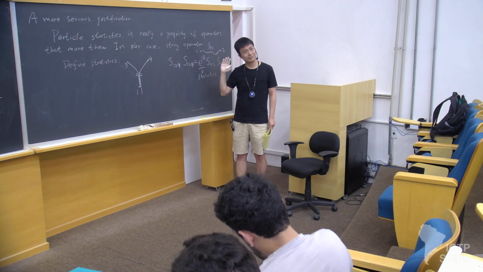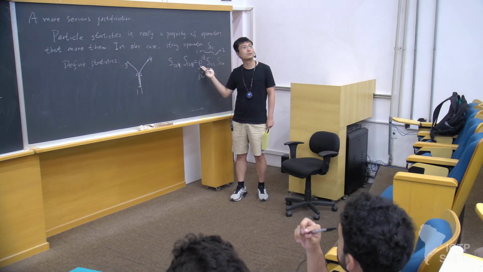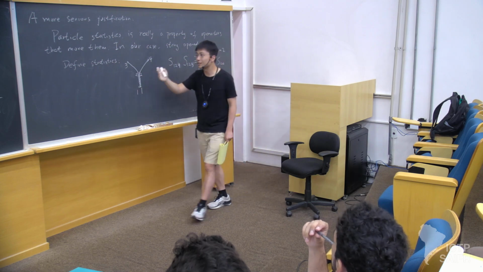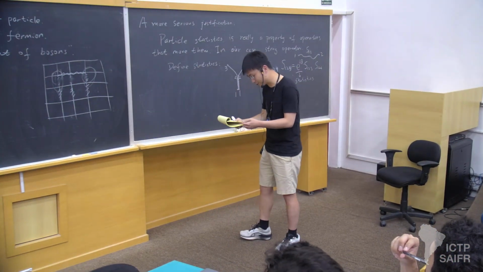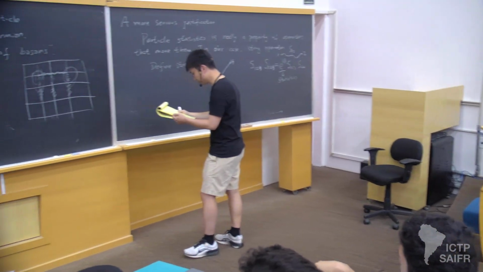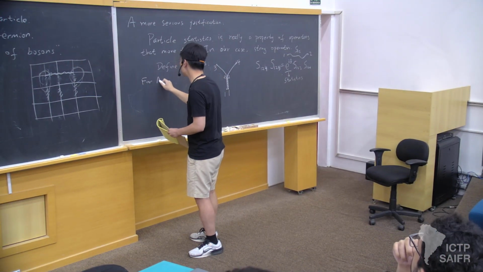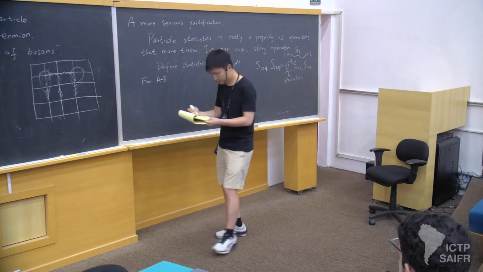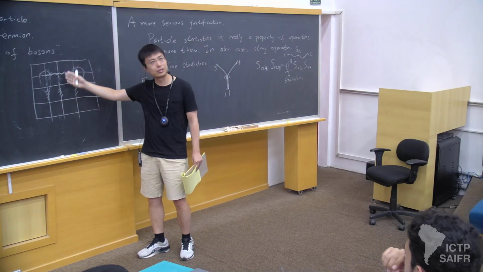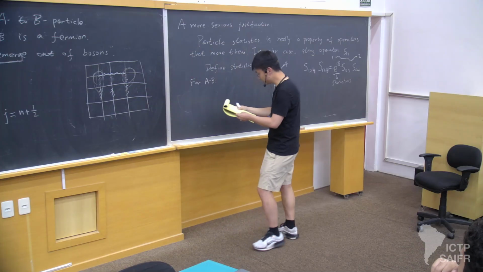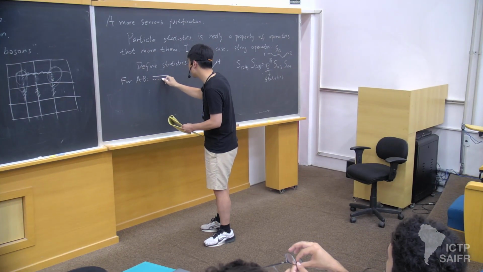Now you can very explicitly verify what this phase factor is for this AB combined particle. It's actually a quite simple calculation once you've set up things properly. So for this AB combination, I've already drawn the string operator here, but let me draw it schematically as just putting 2 strings side by side.